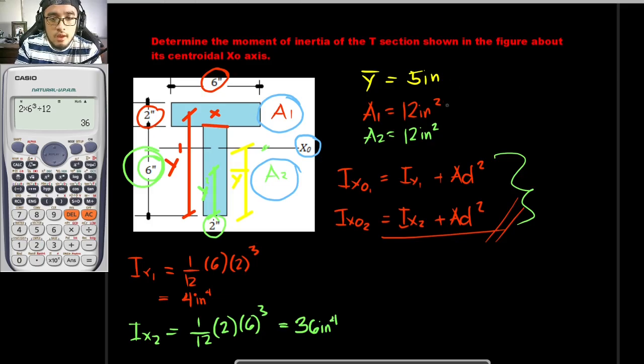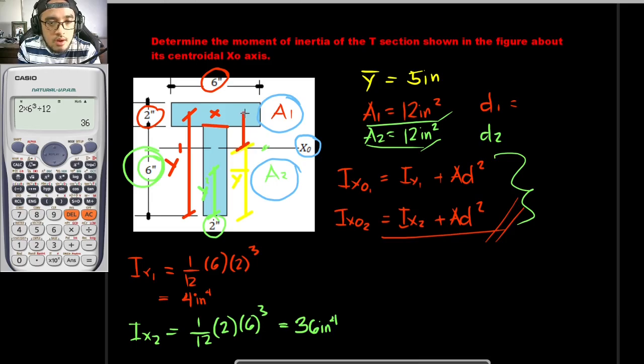So there, and since this is to be our area 1 and area 2 respectively, let's solve for D1 and D2. So D1 is to be the distance from the centroid of your area 1 up until the centroidal axis. So it would be this one right here. So for your d sub 1, since your barred y is equal to 5 and the total height of your composite section is equal to 8, so this is to be 8, but our barred y is equal to 5.